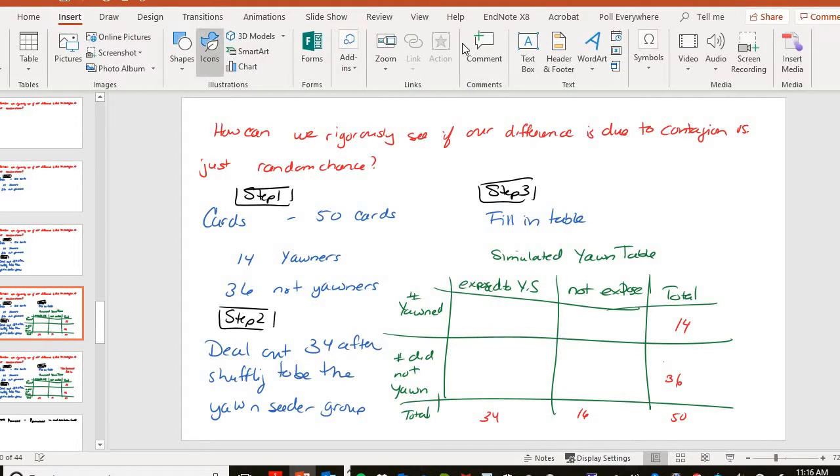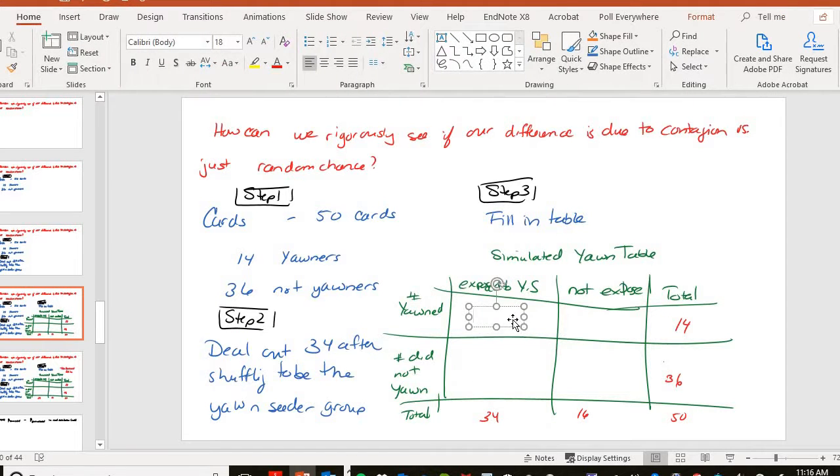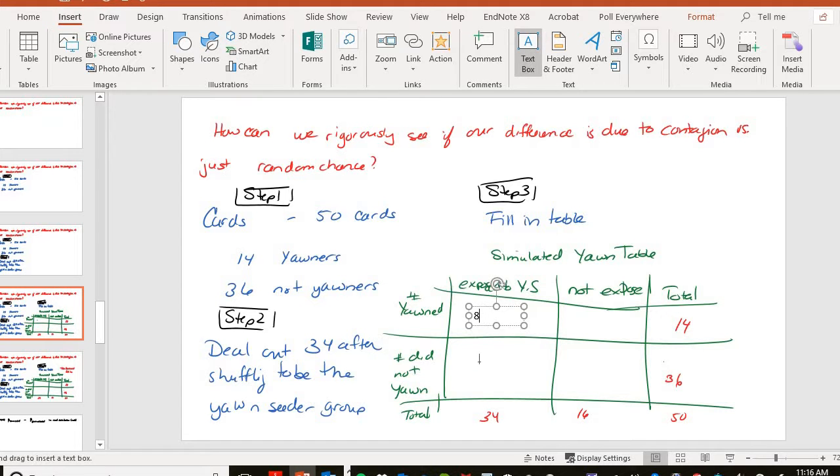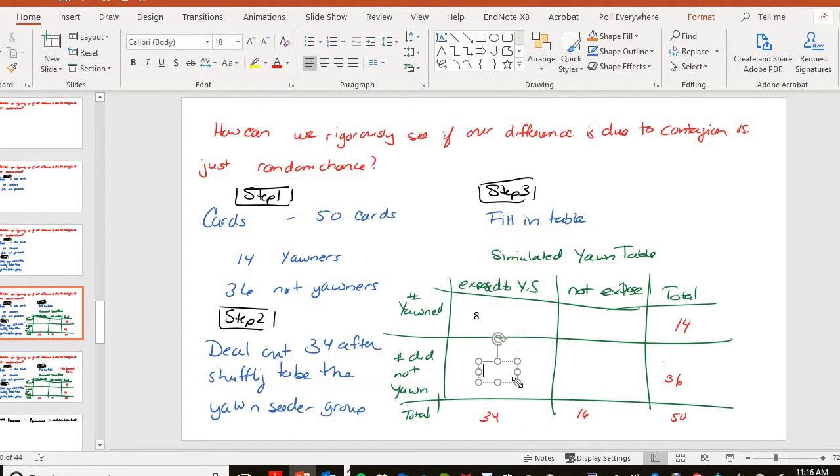And 30. All right, go ahead and take seats once you're done. Subtract the yawn one from the not-yawn one? Yes, when you subtract the two. Okay.